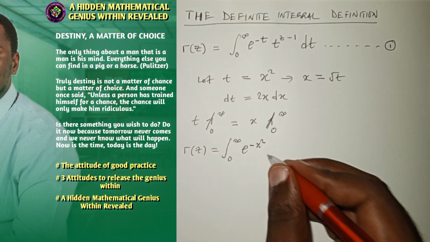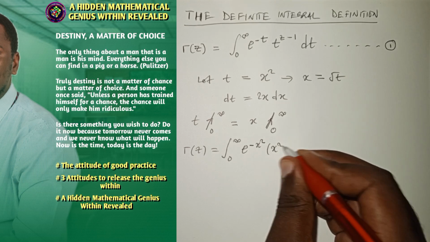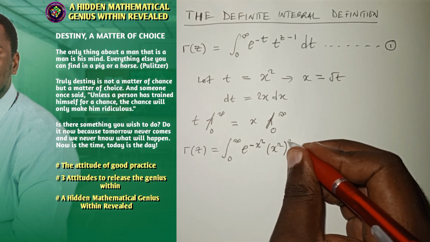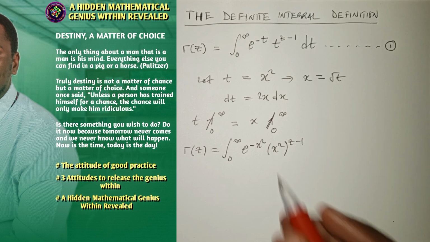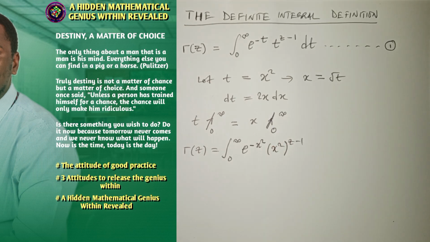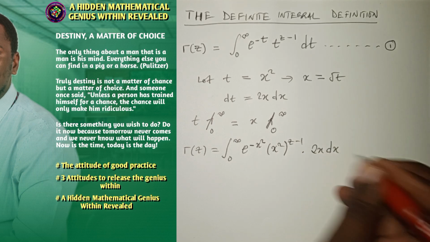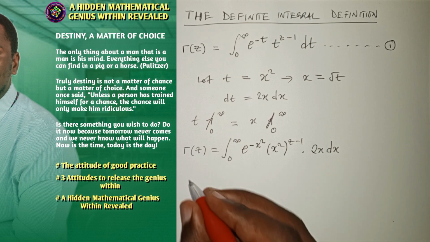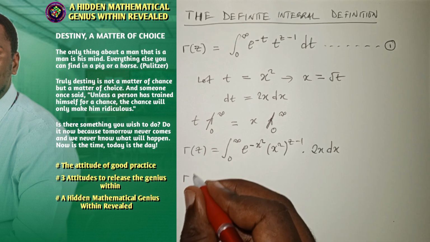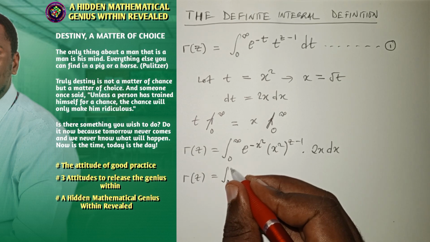Then t becomes x squared to the power z minus 1. Where there is dt, you put 2x dx. Then we simplify the expressions. We are going to have gamma of z equal to the integral from 0 to infinity.